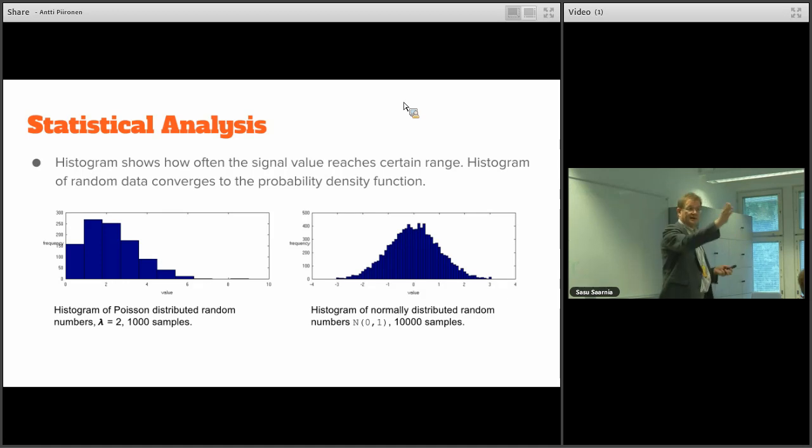I had quite a small lambda, meaning the expected value. The value which is mostly expected. So we're expecting the number 2, and we start flipping the so-called coin, and you get zeros and ones and so on.